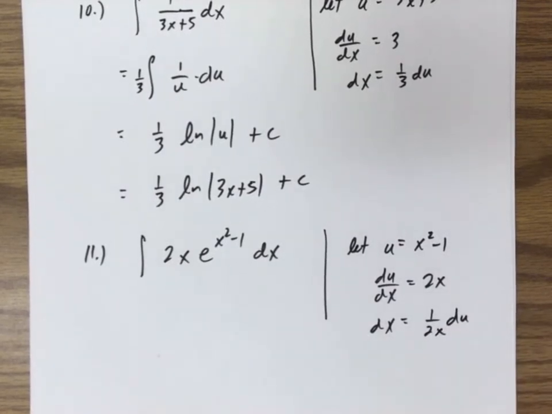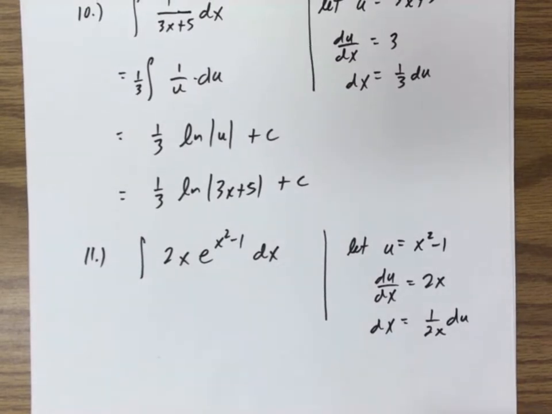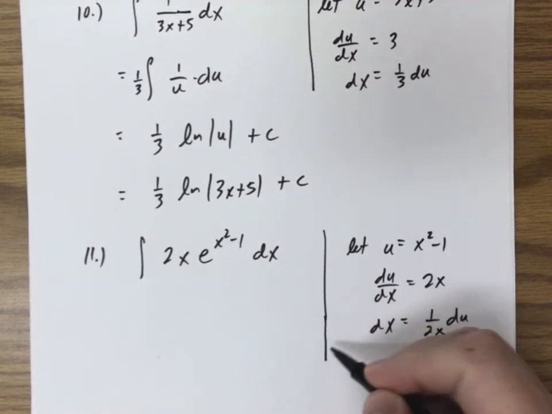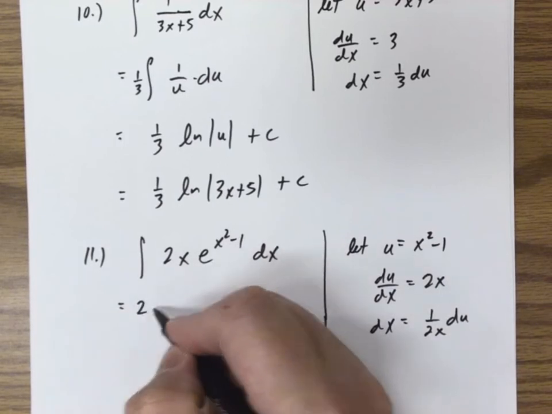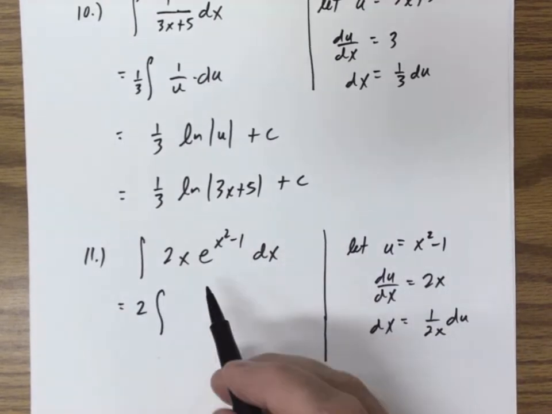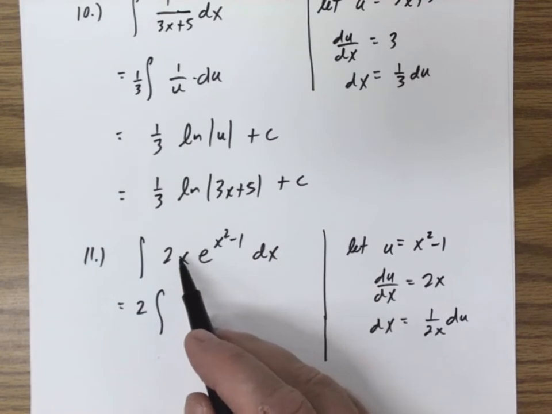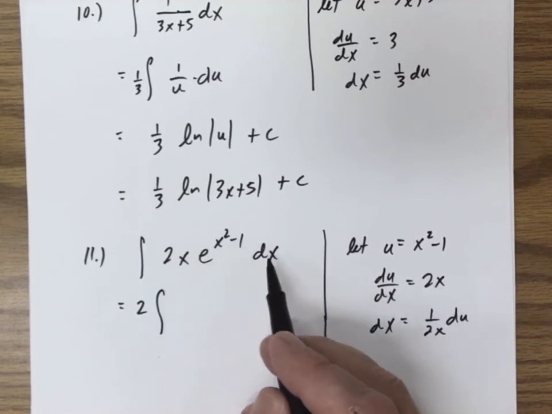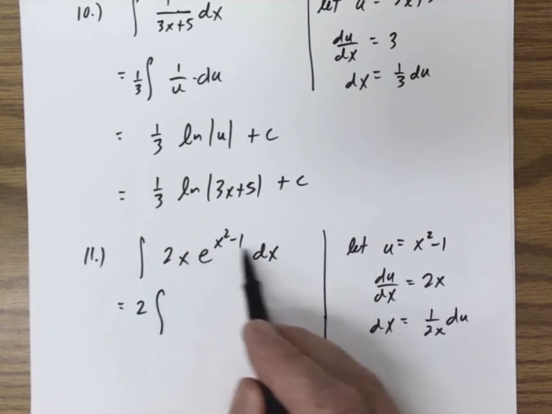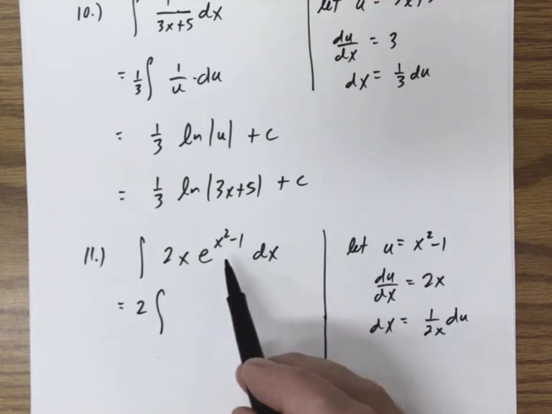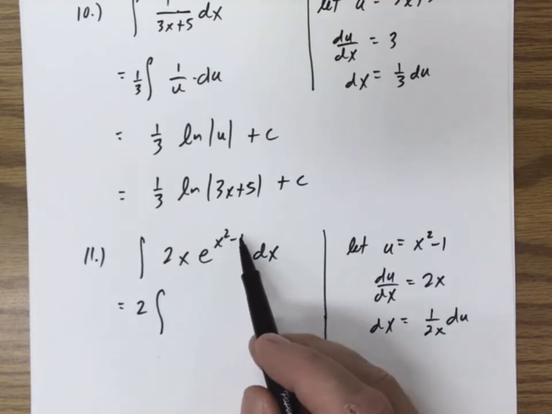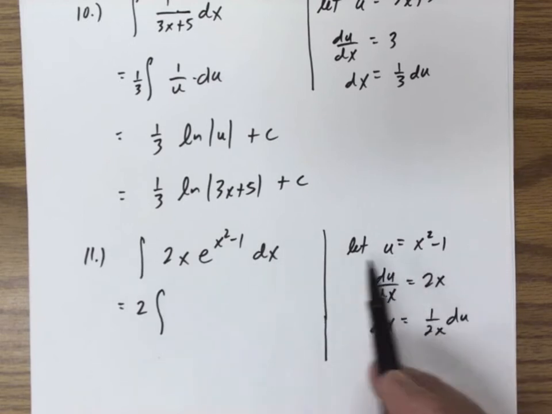Now here's the interesting thing. I am now getting ready to substitute. I'm going to move the 2 out front. I want to substitute. I've got an x and e to the x squared minus 1 dx. My goal is to get rid of all these x's. And I can, this x squared minus 1, I can replace it with u.